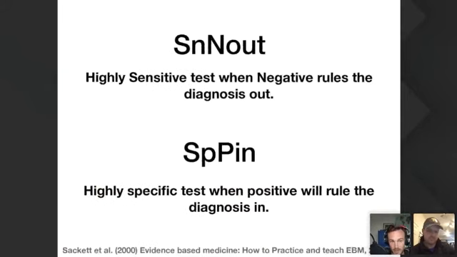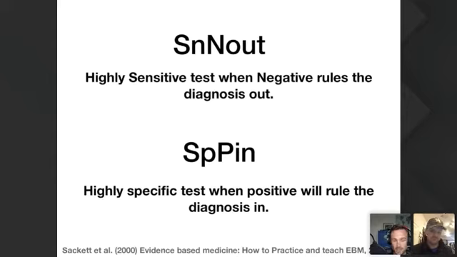I'm going to help you understand that a bit more in clinic, and this is if you use these two acronyms, SNOUT and SPIN. So SNOUT is built out of the text that it is explaining below the acronym there. If it's a highly sensitive test, then when it's negative, it rules the diagnosis out. So SN: sensitivity, negative rules it out.